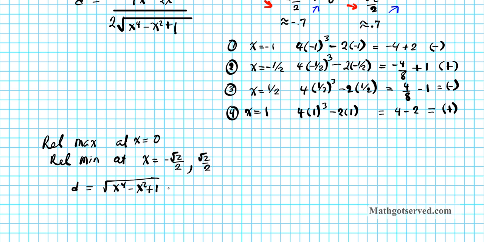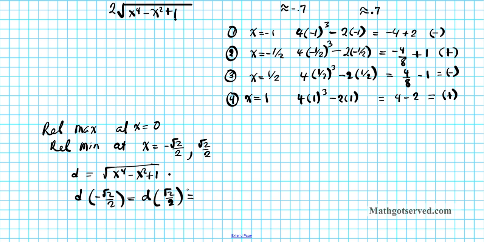So d of negative root 2 over 2 is going to be exactly the same thing as d of root 2 over 2, because they're going to be raised to the second power, an even power, which nullifies the negativity.